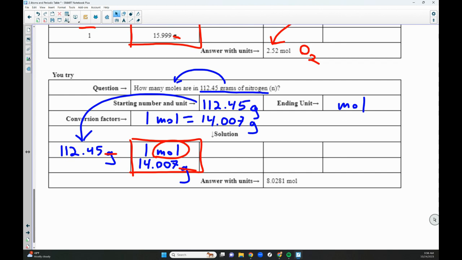And the last thing I do is I divide 112.45 by 14.007, and I round to 5 significant figures because my starting number has 5 significant figures, and I get 8.0281 moles of nitrogen.